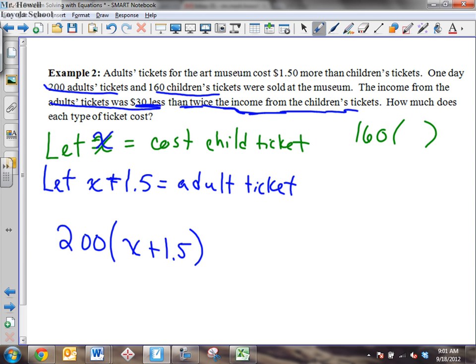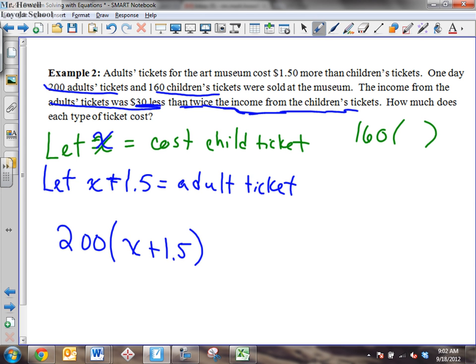No, look at our last statements. What's the cost of a children's ticket? Sure, that's fine, but we have a relationship here. Look at your last statement. My question to you is this. What did we define as the cost of a child?